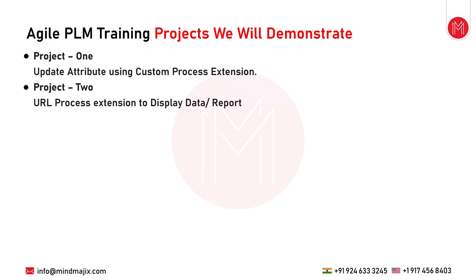Again, in brief, in the first project, we used to manually put the changes which we used to do in the motherboard, or for example in any activity of the entire process of the manufacturing product. If we replace or change anything, we used to mention that as a custom process extension, and we used to update that in the attribute, which is a document we update in Agile PLM.